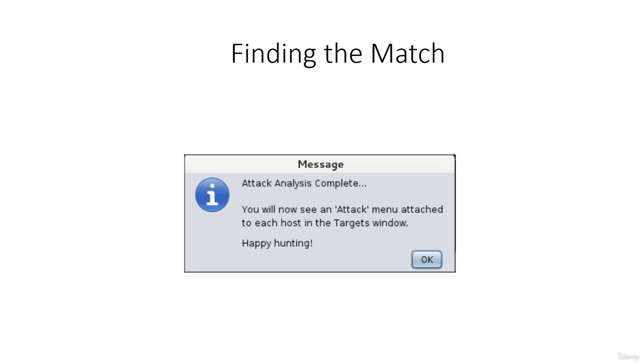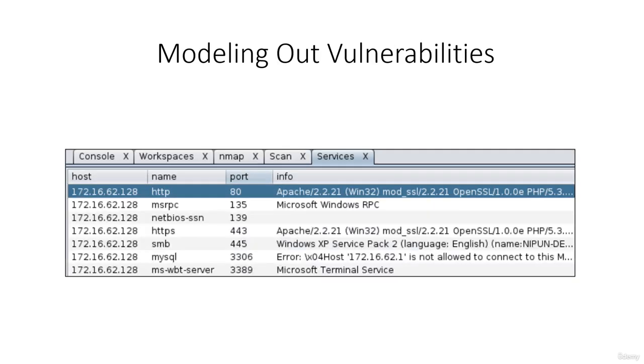After we click OK, whenever we click on a host, a new option named Attack is now available on the menu, and the submenu will display all of the matching exploit modules that we can launch to target a host. So that's how we can scan using the simple Armitage graphical interface.